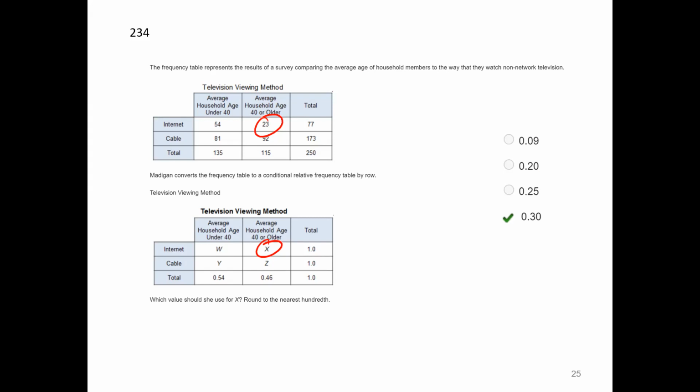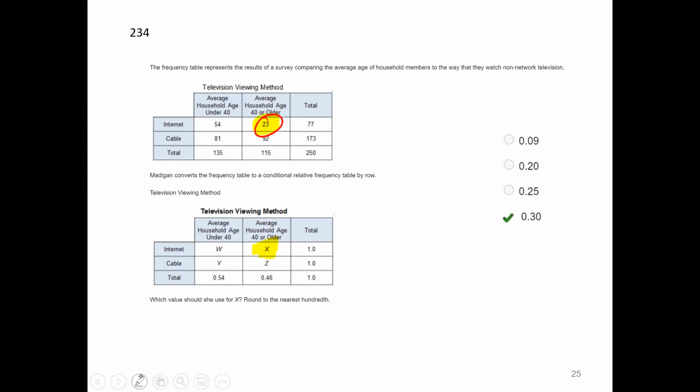All right, so what we're gonna do is, if you're looking for X, this is what you're trying to find, okay? X stands for the average household age of 40 and older. Well, you don't have any numbers in the second chart, but you do have it on this chart. You see how that one is 23, but that's not your answer, okay?